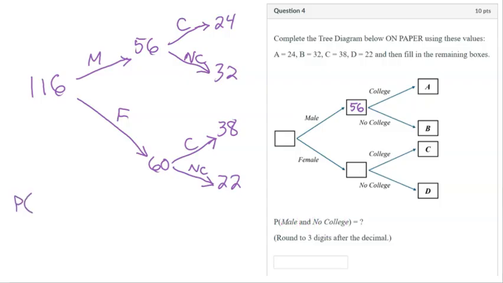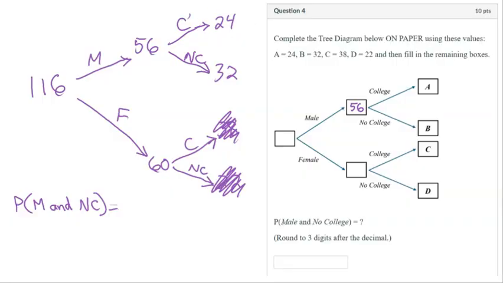So the probability of male and no college, okay? Well, this one right here, 22, that's no college, but it's female. So this 22 is female and no college. We don't want that. This 38, it's college and female, but the fact that it's not no college, it's college, so we don't want that.